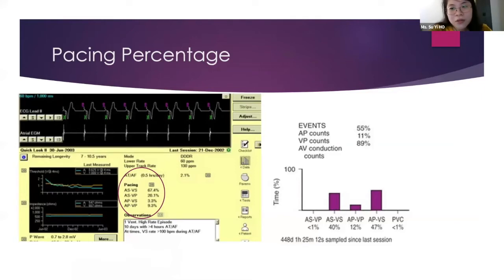It will also be good to compare with past device check results and trends to see whether there's any significant difference in the pacing percentage trend. This may be an indication that the patient's sinus node or AV node might have deterioration, and if so, we might need to review and readjust the parameters to suit the patient's current needs if the patient has increased in pacing dependency per se.